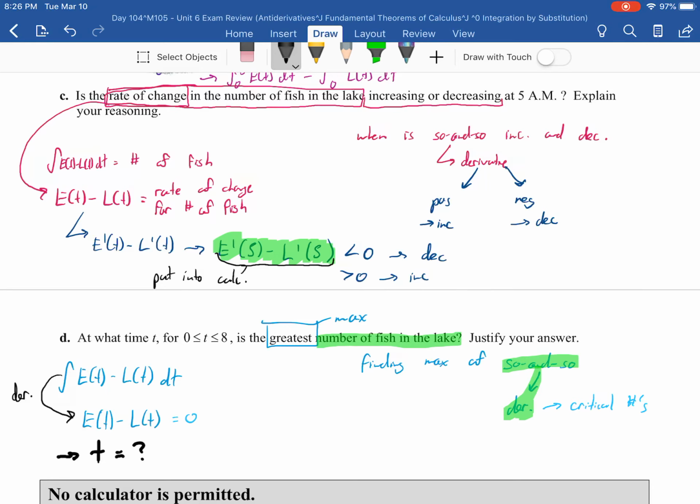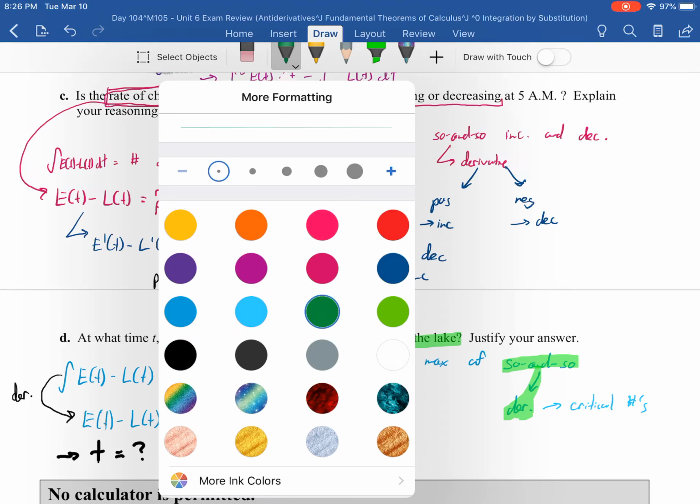So our next step is to determine, is it a minimum or a maximum here? Now, this problem, since we're given an interval, let me highlight it here.